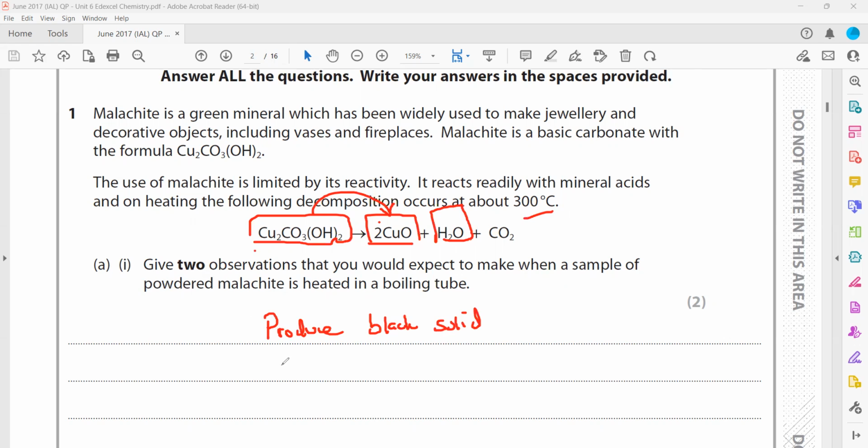And the second thing, it will produce water vapors or misty fumes, you can say. Or a gas is given off.